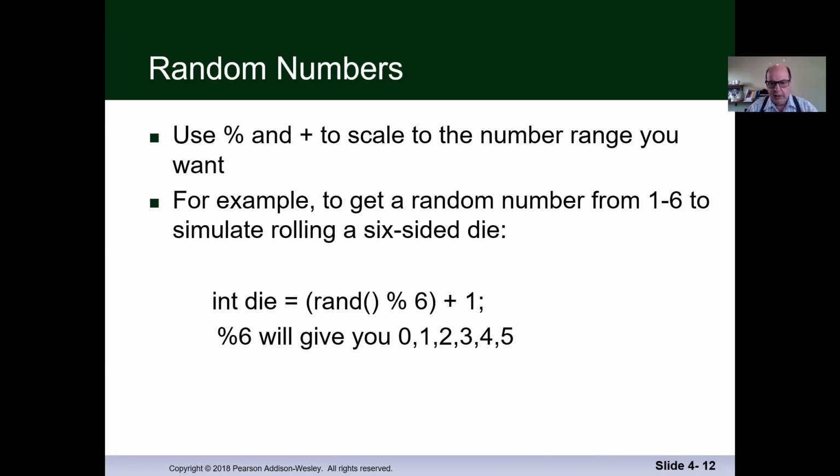But my die needs to have 1, 2, 3, 4, 5, 6. So what do we do? We add 1 to it. So if it's 0, it becomes 1. If it's 1, it becomes 2. And if it's 5, it becomes 6. So I'm going to get a range of 1 to 6.